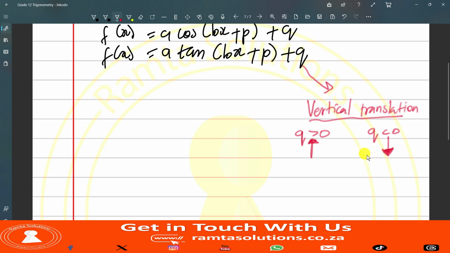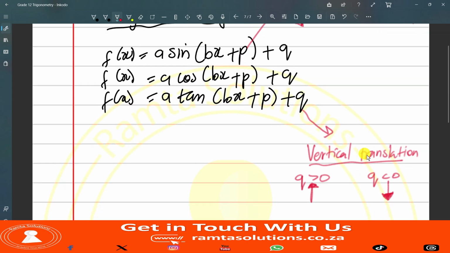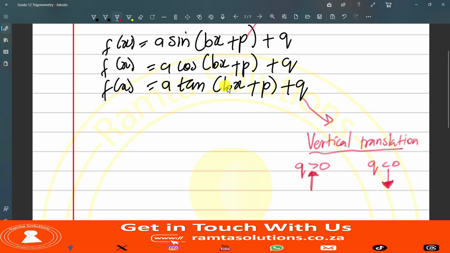Now, let's look at this b. It has interesting stories. The first part tells the number of cycles in the domain.